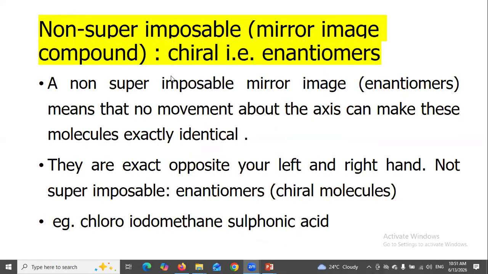Non-superimposable mirror image compound is chiral, that is, an enantiomer. Non-superimposable mirror image enantiomer means that no movement about the axis can make these molecules exactly identical. They are exact opposites, like your left and right hands: non-superimposable enantiomers, chiral molecules. Chloroiodomethane sulfonic acid.